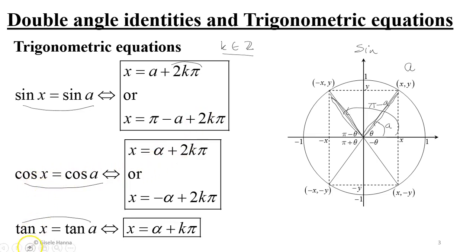And similarly, if I were to determine the angles that have the same cosine, if you're facing an equation where you have cosine x equals cosine a, two angles with the same cosine are either equal, or if we look at the unit circle, they are symmetrical with respect to the horizontal axis, since the horizontal axis is the axis of cosine.